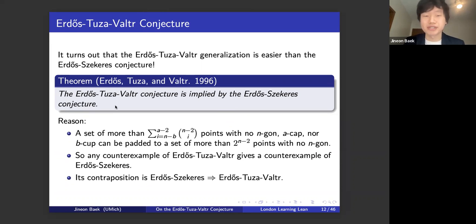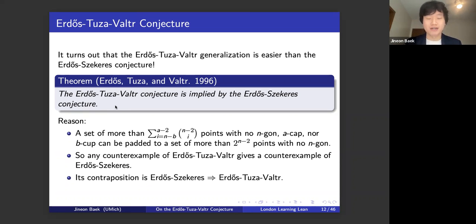And the reason is this. If you take any counterexample of the ETV conjecture, you have a set of more than that sum of binomial numbers with no n-gon, a-cap, or b-cup. And it turns out that you can add a bunch of points on the left and on the right to make a counterexample of the original Erdős-Szekeres conjecture.